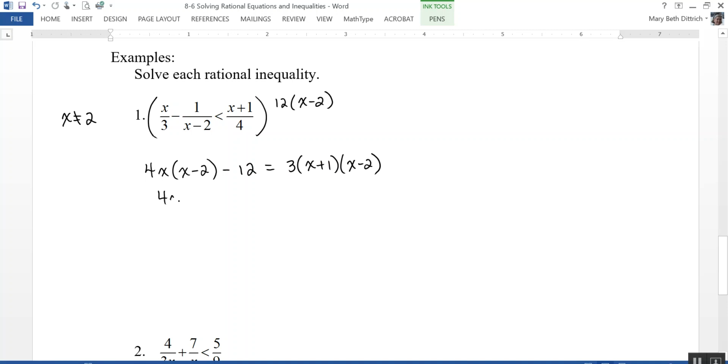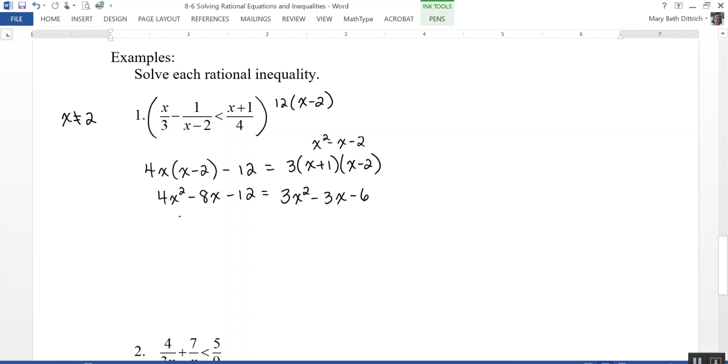So that's going to give me 4x squared minus 8x minus 12 is equal to, let's see, I'm going to go ahead and multiply these two here. x squared minus x minus 2, and then let's multiply that by 3. 3x squared minus 3x minus 6. And again, I notice I have a quadratic equation, so I'm going to set it equal to 0. That's nice.